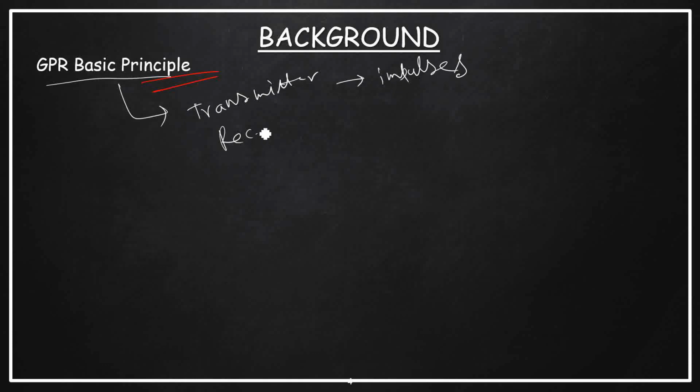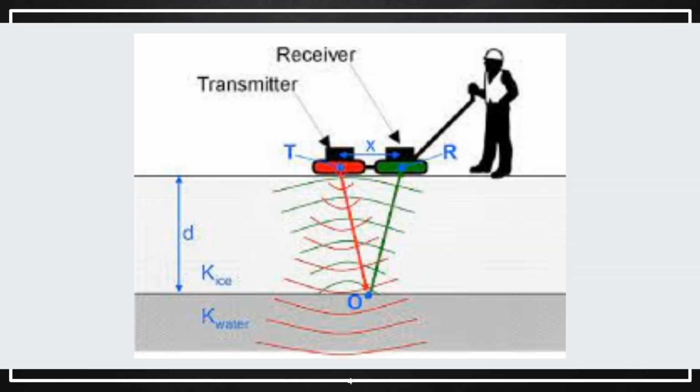As I have mentioned several times in my previous videos, the transmitter sends the impulses to the ground, and it gets reflected from the layers, the boundary of two different dielectric layers.